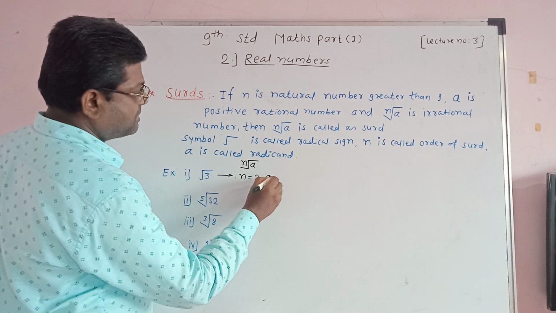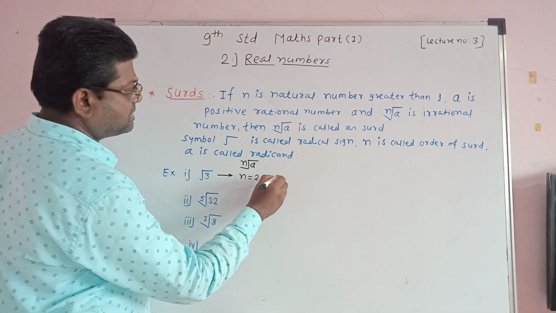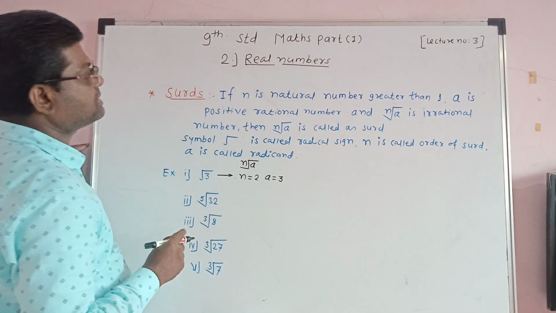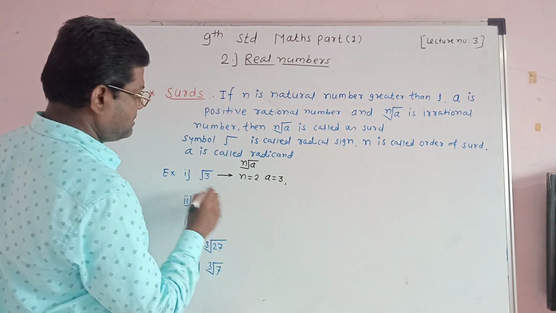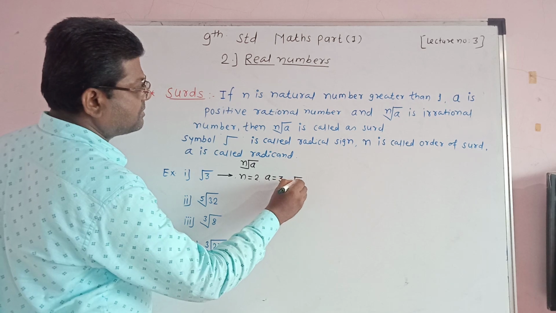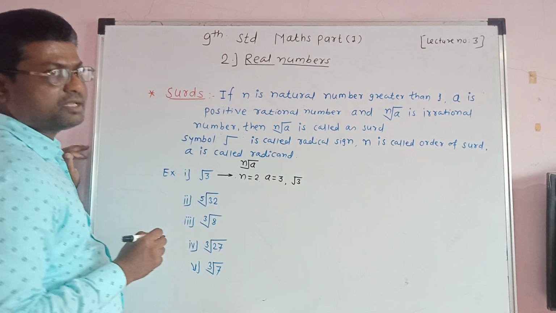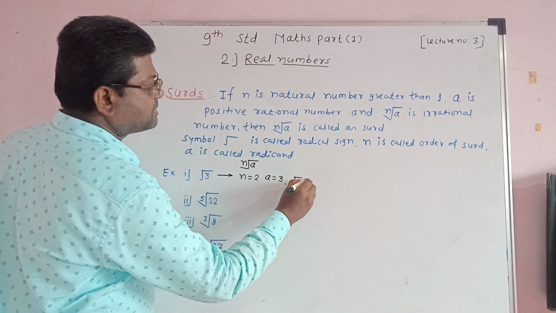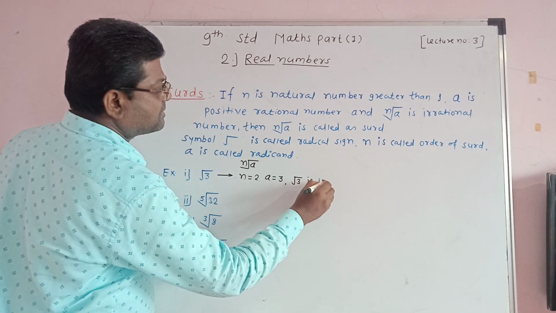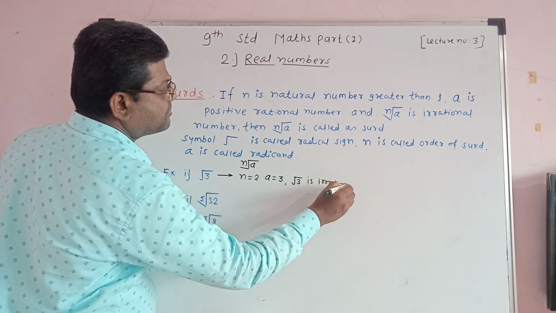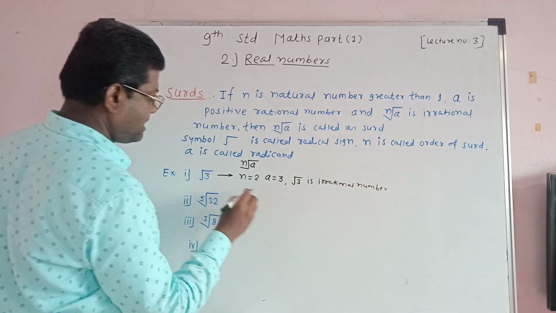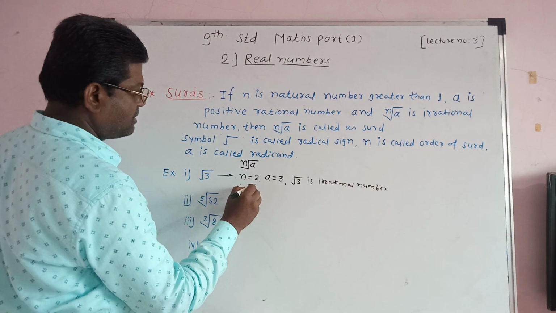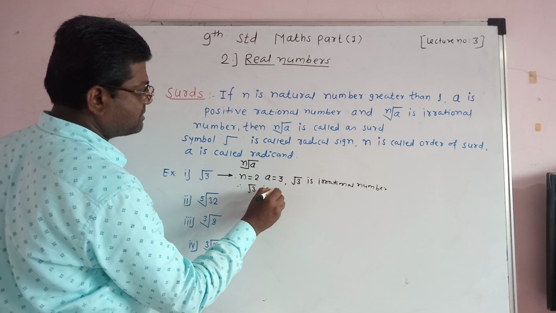Now a is equal to 3, which is a positive rational number, and we know that root 3 is an irrational number, therefore root 3 is a surd.